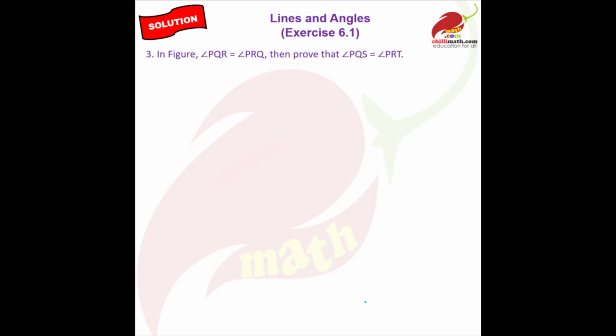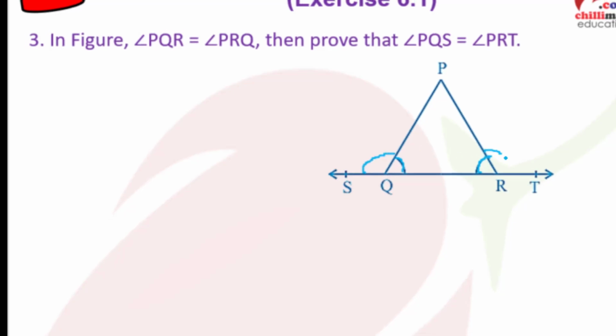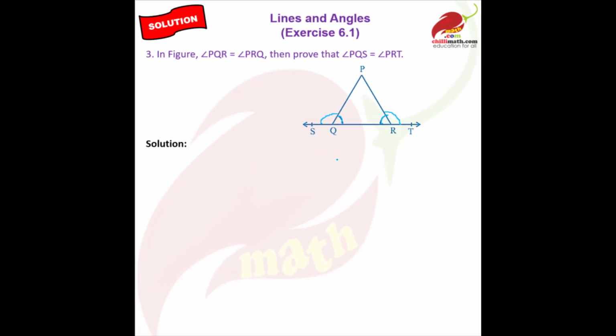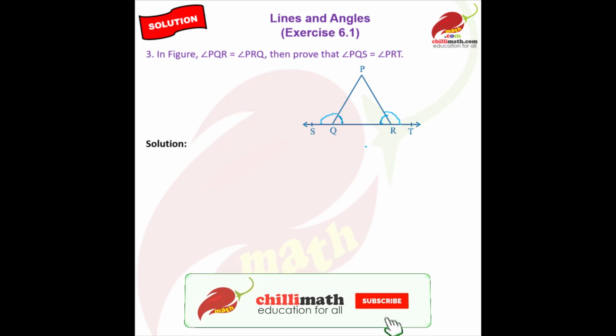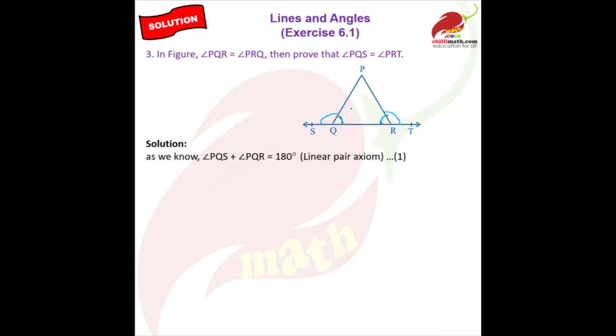In figure, angle PQR is equal to angle PRQ. Then prove that PQS is equal to PRT. So in this we are given these angles equal, and we have to prove these angles are also equal. So again, can be solved in many ways, and one of the method is, we know angle PQR plus PQS is equal to 180 degree, linear pair.